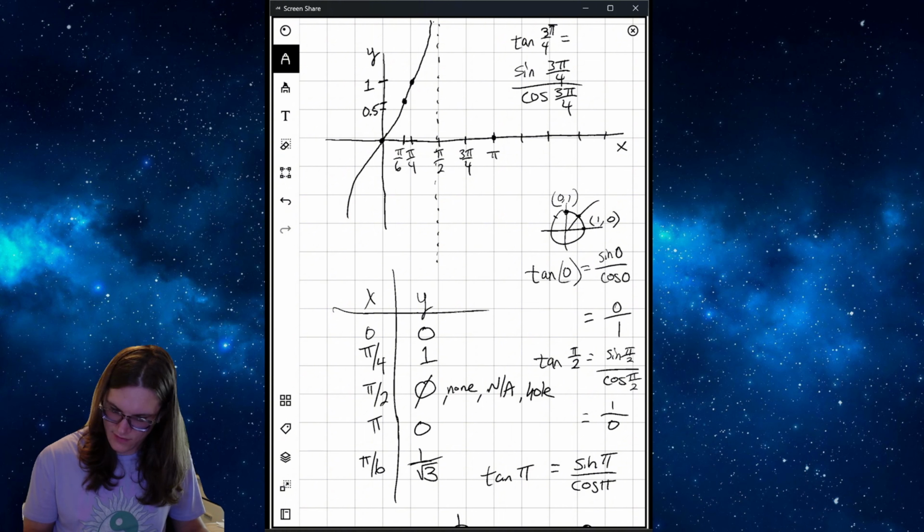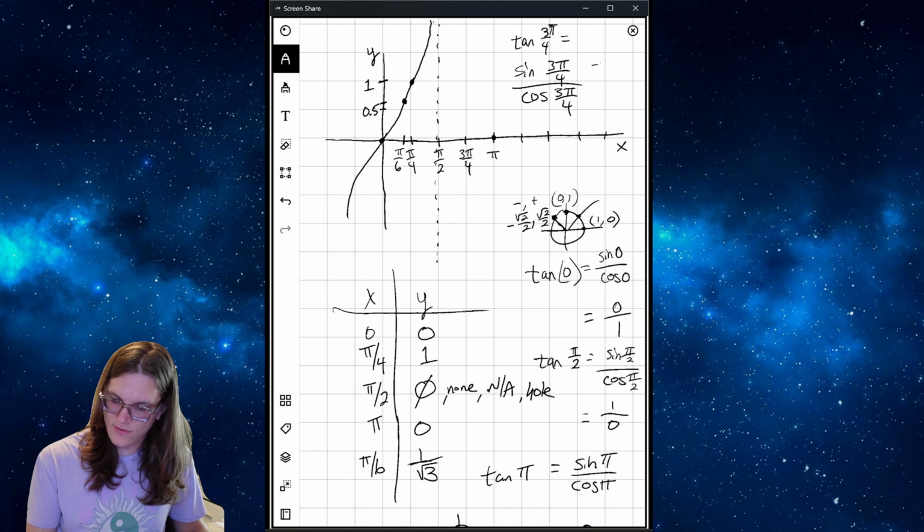And on the unit circle, that's what? 1 pi over 4, 2 pi over 4, 3 pi over 4. So we know this is negative plus, and then it's a 45 reference angle. So it's root 2 over 2 comma root 2 over 2. The negative is there, so it's going to result in negative root 2 over 2 over root 2 over 2, which is negative 1.